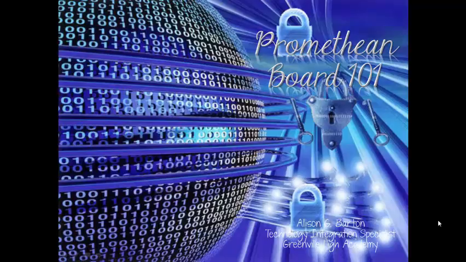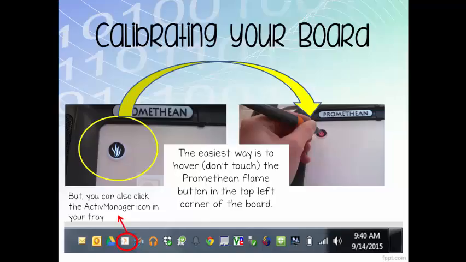I'm just going to show you a couple of basic things in Module 1 that you may or may not already know. First and foremost, calibrating your board. I think a lot of you are already familiar with this, but if you're not, there's a little flame button that you can see in the images here. It's in the top left-hand corner of your board, and if you take your Promethean Board pin, which in this picture I've got the old pin, I don't know if any of you have the newer pin.